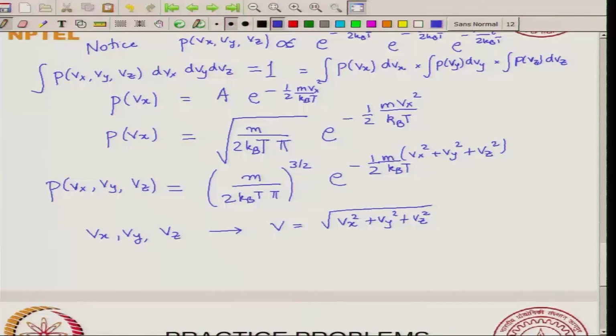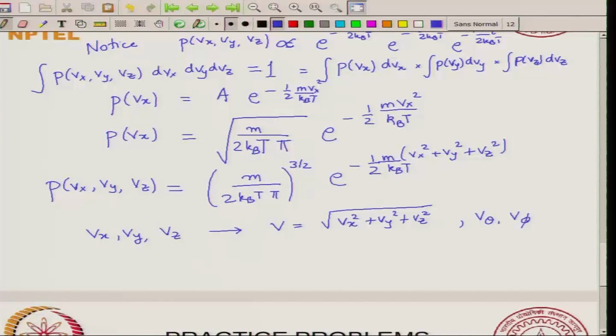And so, you are going from x y z to a length, okay, and that should remind you that what you are doing is actually a transformation of coordinates from x y z to spherical polar coordinates. So, there should be two other components, one is a theta component and a phi component. Again, these are not important in this description, because you can work it out by normalization, okay.